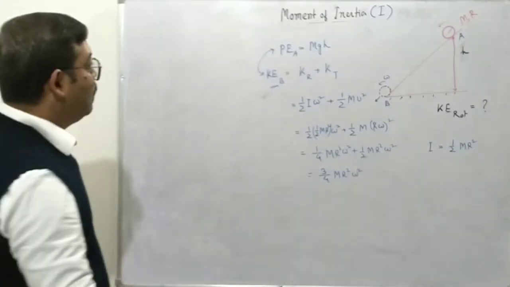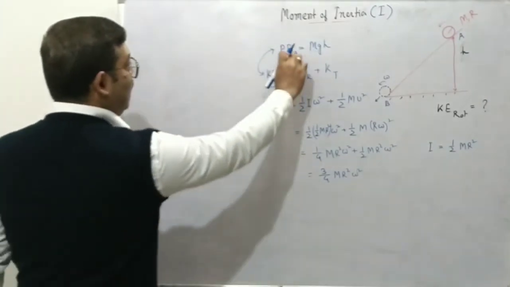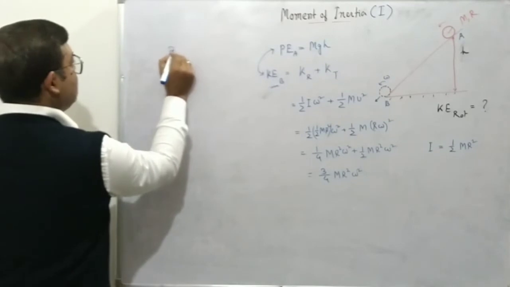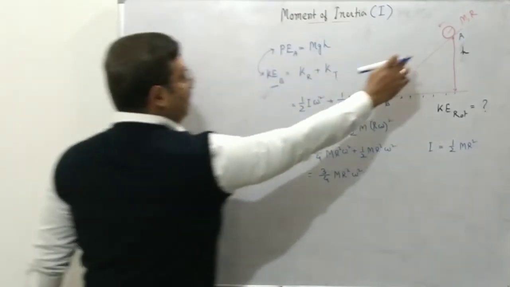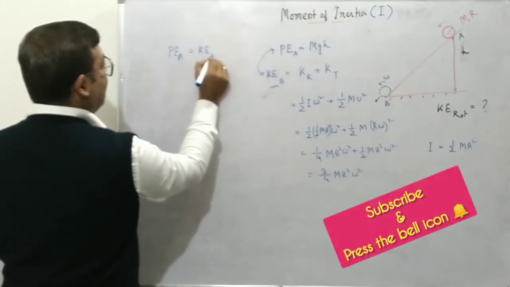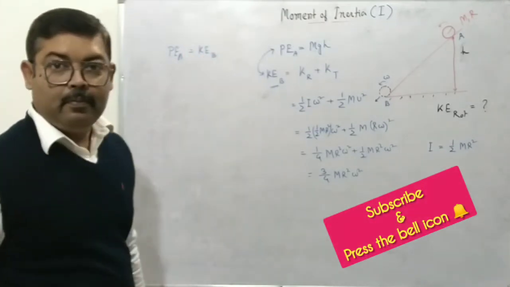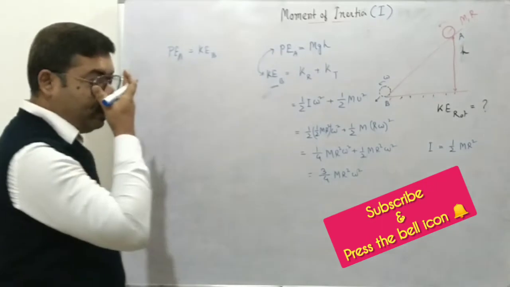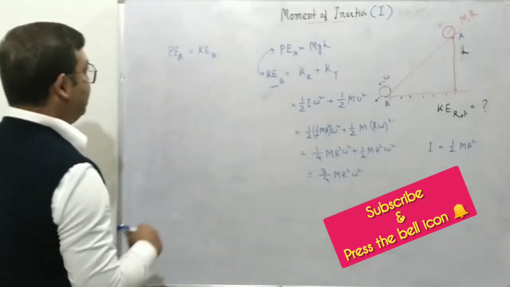So conservation of energy will demand that potential energy at the top must be equal to kinetic energy at the bottom, assuming there is no loss of energy in between.